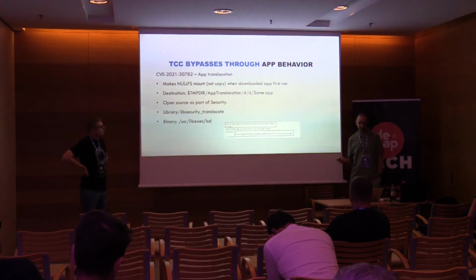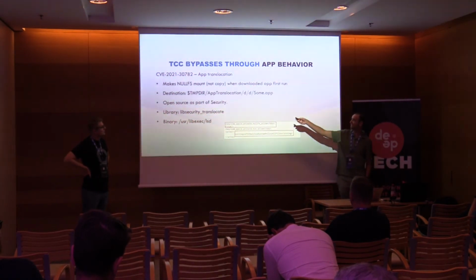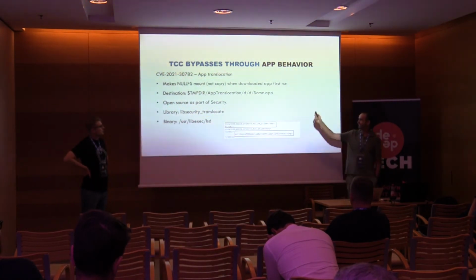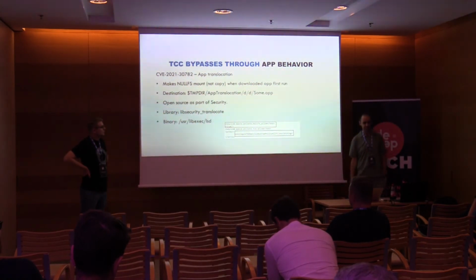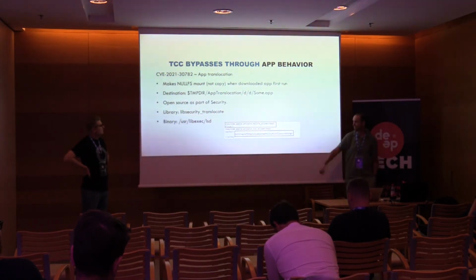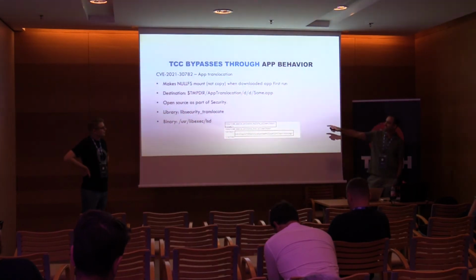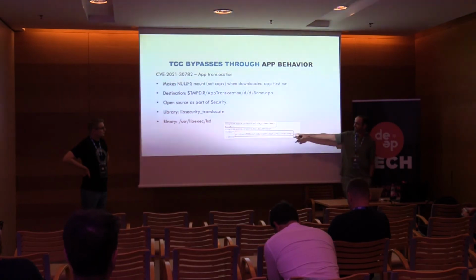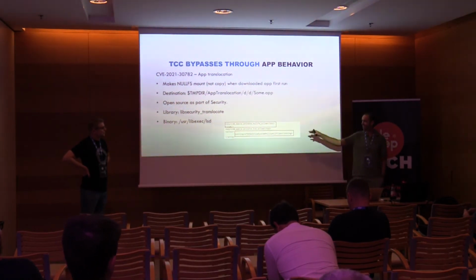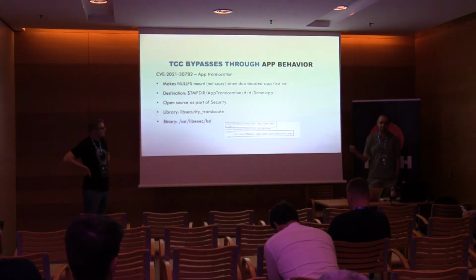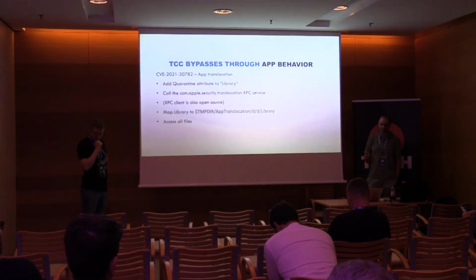And it's in the temporary directory, AppTranslocation, a UUID, and the application name. This app translocation is open source. It's in the Security library, and it's the lsd binary. So this lsd binary, which handles the translocation, has the SystemPolicyAllFiles permission, which is the full disk access.